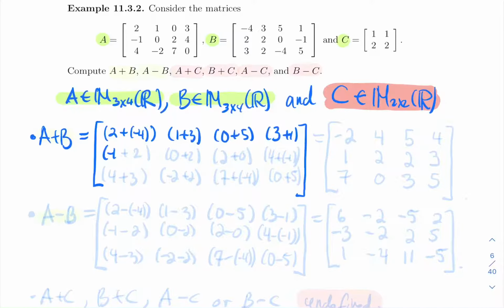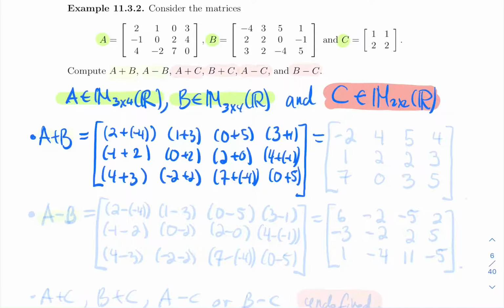Then minus 1 plus 2, then 0 plus 2. You just have to be careful. So 2 plus 0, and 4 plus minus 1, and then 4 plus 3. Minus 2 plus 2, 7 plus minus 4, and finally 0 plus 5.